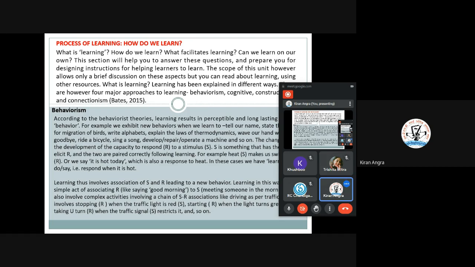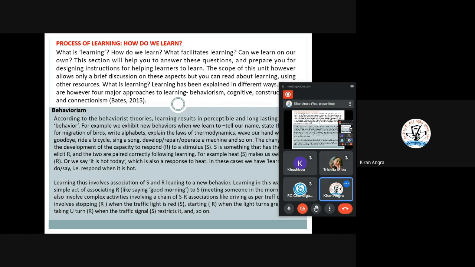First of all, let's discuss the first three, which are very well known. First of all is behaviorism. According to the behaviorist theories, behaviorists are the people who believe that behavior is the fundamental or underlying thing to understand this concept.